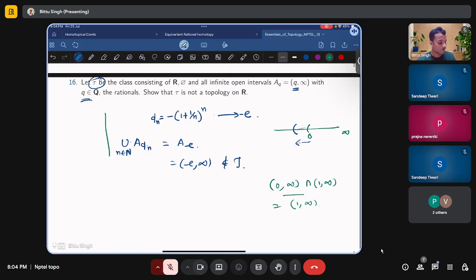So you just check my steps, there can be some mistake, but this is the whole idea: you need to create a decreasing sequence which converges to some irrational number. That is the key issue.